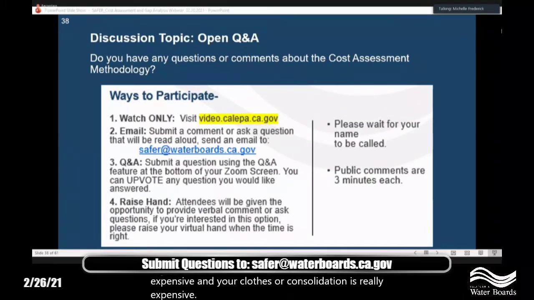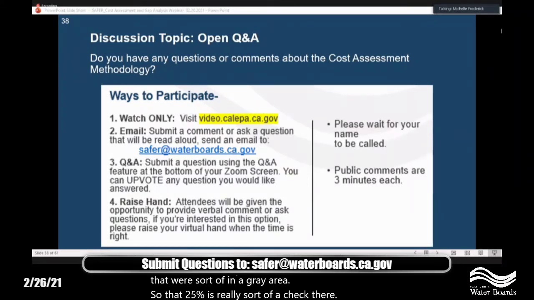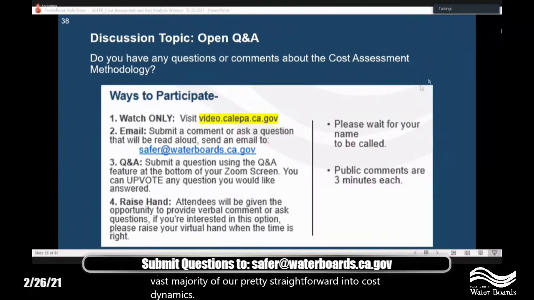So there were very few water systems that were sort of in a gray area. So that 25% is really sort of a check there, but the vast majority of them are pretty straightforward in cost dynamics. Just to share that insight and what we saw in the data.